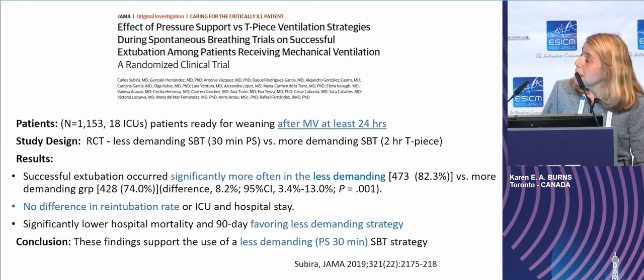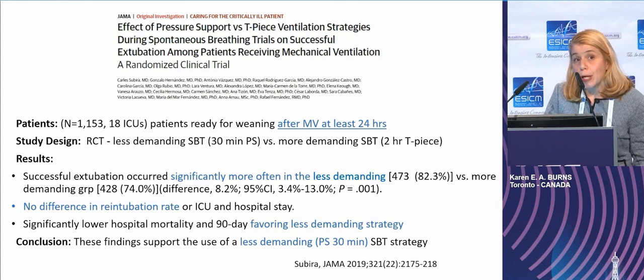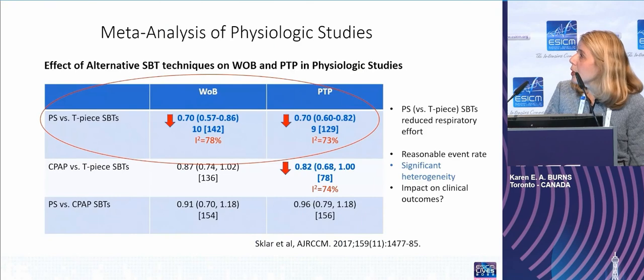They found that successful extubation occurred significantly more often in the less demanding pressure support SBT strategy, with no difference in reintubation rates. But curiously, they also found a significantly lower hospital and 90-day mortality associated with pressure support SBTs. So again, more evidence supporting pressure support SBTs.